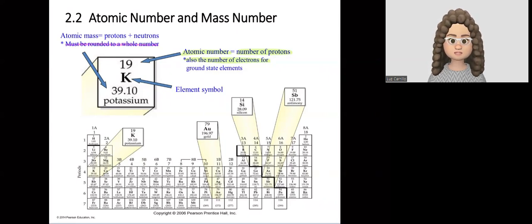So once we take that atomic mass, which is usually given below the chemical symbol for an element, we can rearrange the equation that you observe here and determine that the number of neutrons is going to be the mass number, and remember that it needs to be rounded to a whole number, subtracted by the atomic number.